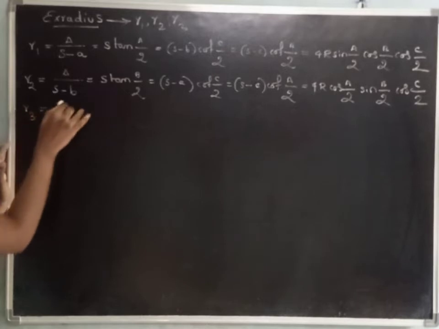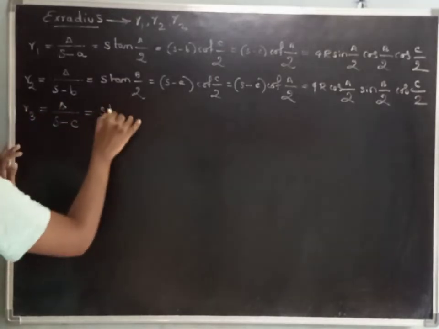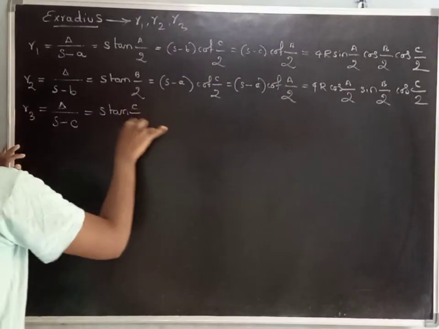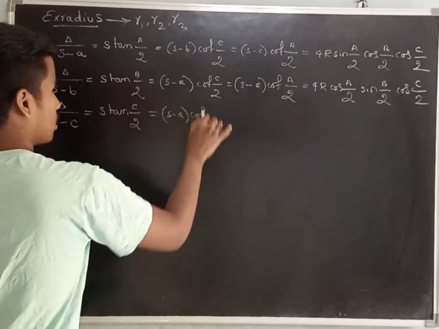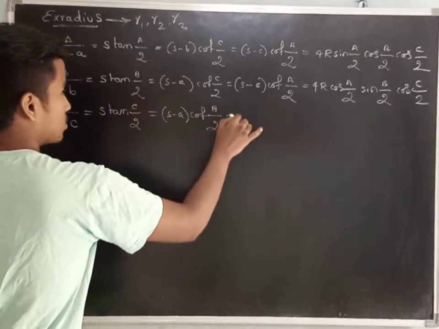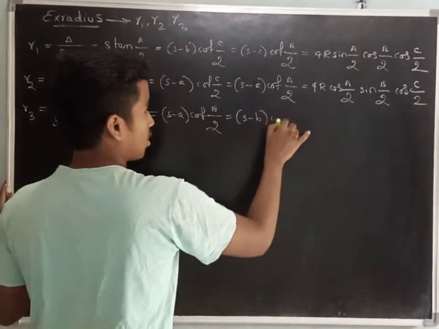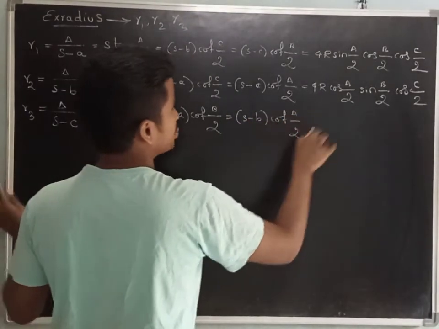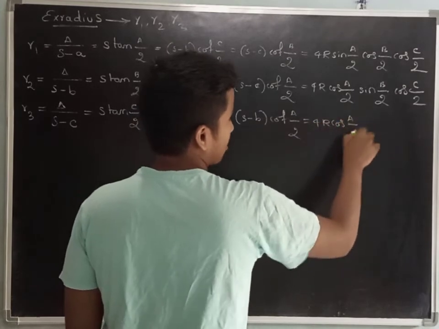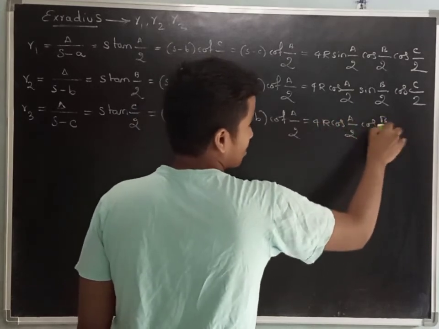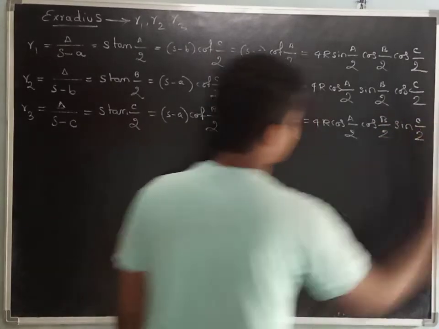Similarly, r3 is equal to delta by s minus c is equal to s into tan C by 2 is equal to s minus a into cot B by 2 is equal to s minus b into cot A by 2 is equal to 4R cos A by 2 cos B by 2 into sin C by 2.